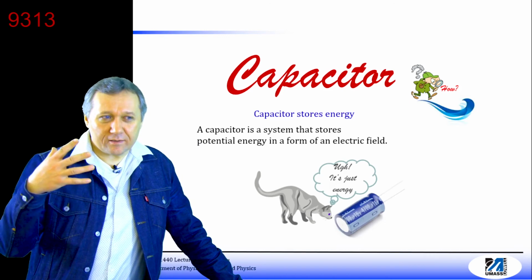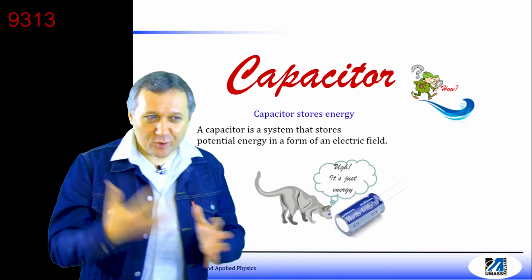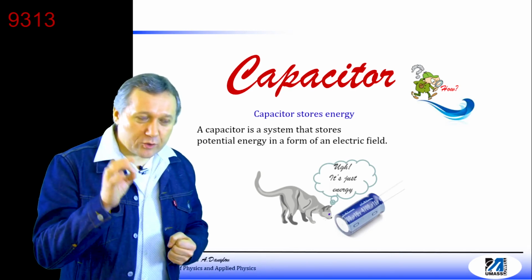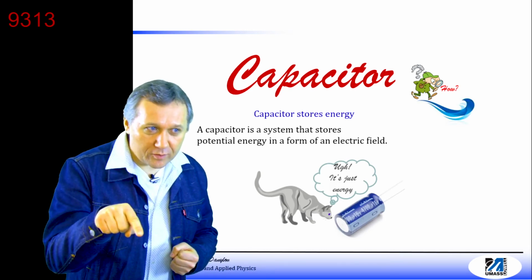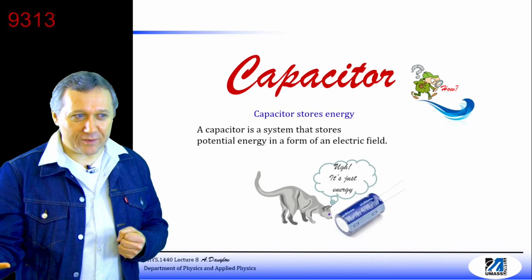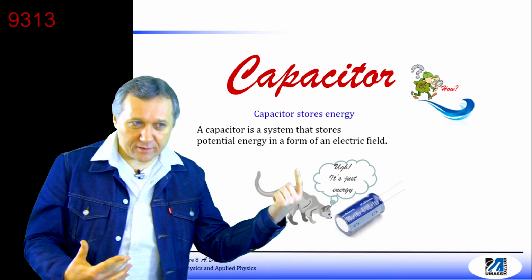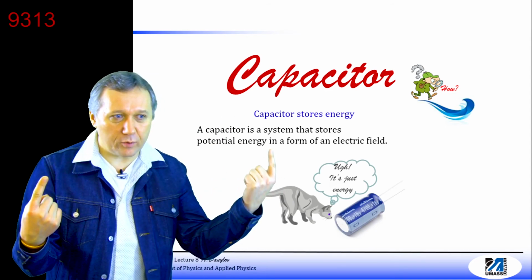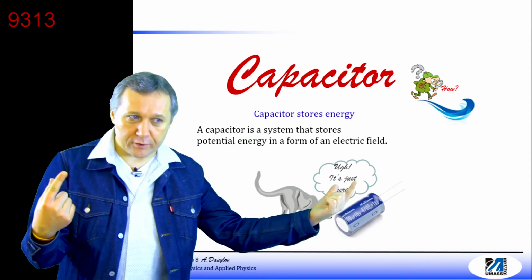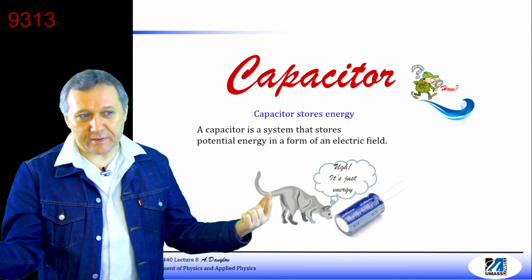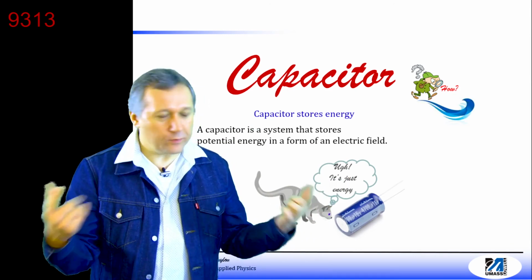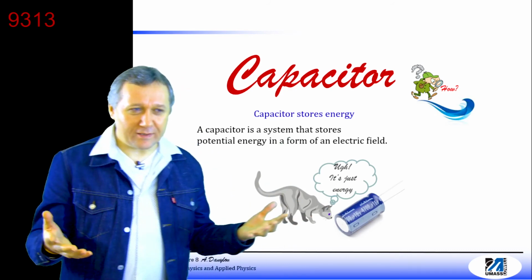And the role of an inductor in a circuit is that it allows us to store energy also, but in the form of the magnetic field. So the role of a capacitor and the role of an inductor are very similar, but the capacitor plays its role in the world of electricity. An inductor plays the same role in the world of magnetism.